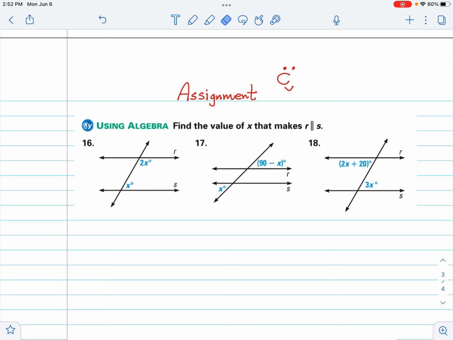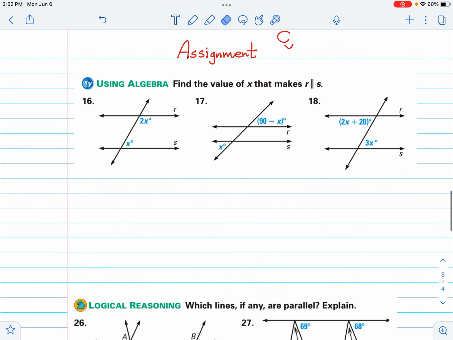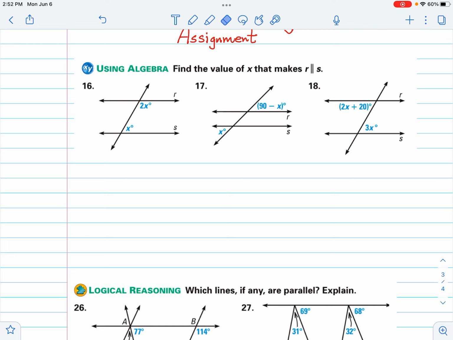But anyway, I don't want to give it all away, but you just use the properties that you know. You know that these have to be supplemental, and you know how it is with parallel lines cut by a transversal. Remember, this is equal to this, this, and this, and then these are equal.